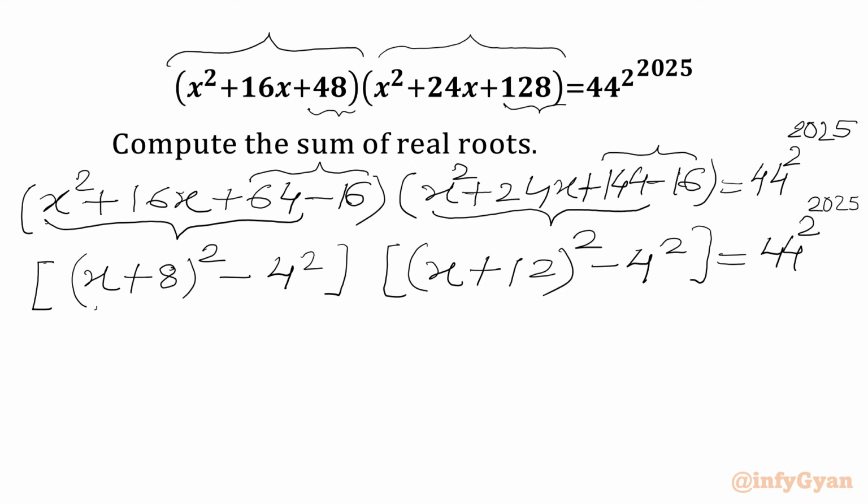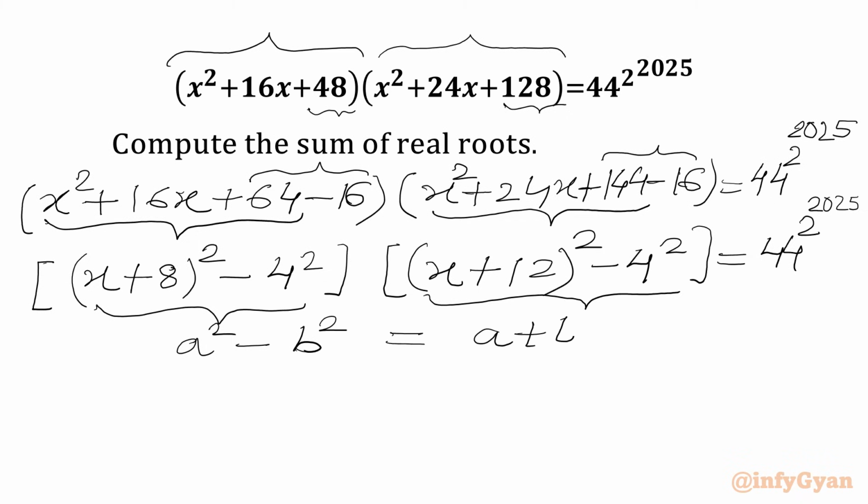Now we'll be using the difference of two squares identity. If I write here a square minus b square, it will be equal to a plus b times a minus b.